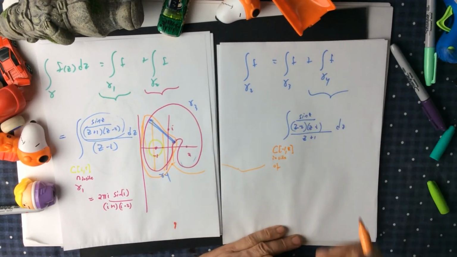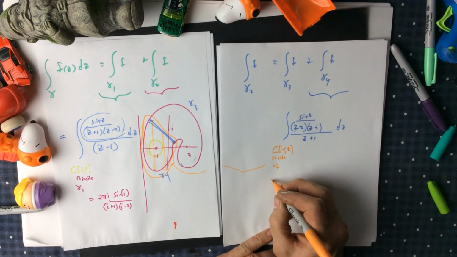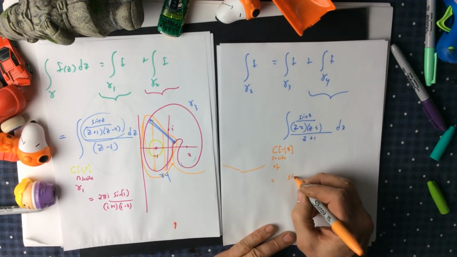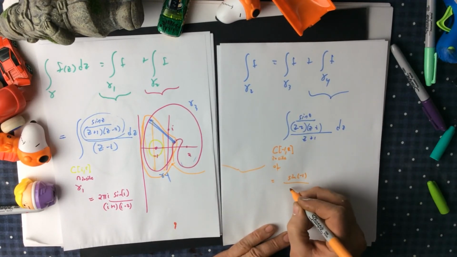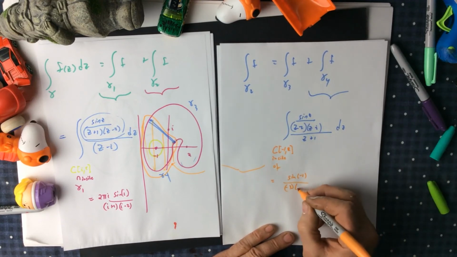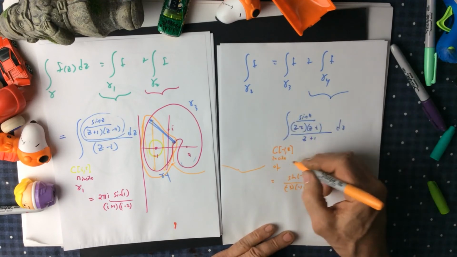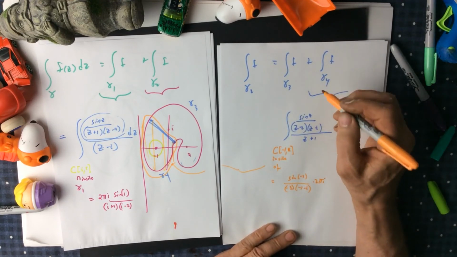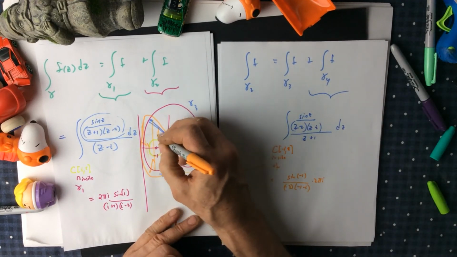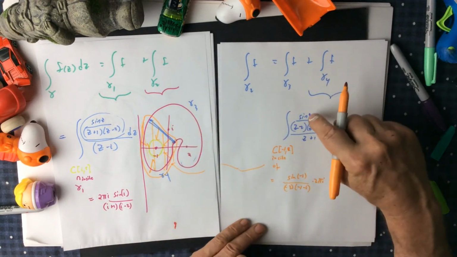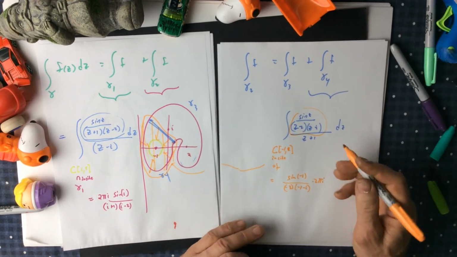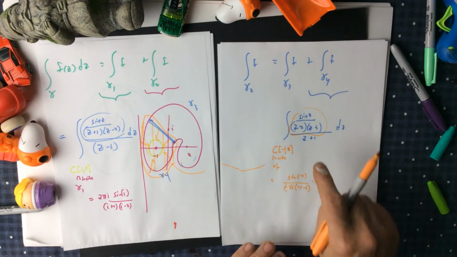And so this integral, by the Cauchy integral theorem, is sine of minus 1 over (minus 1 minus 2)(minus 1 minus i) times 2 pi i. This is because gamma 4 was homotopically equivalent in the region where this function is holomorphic. Therefore, that's the answer to that integral.